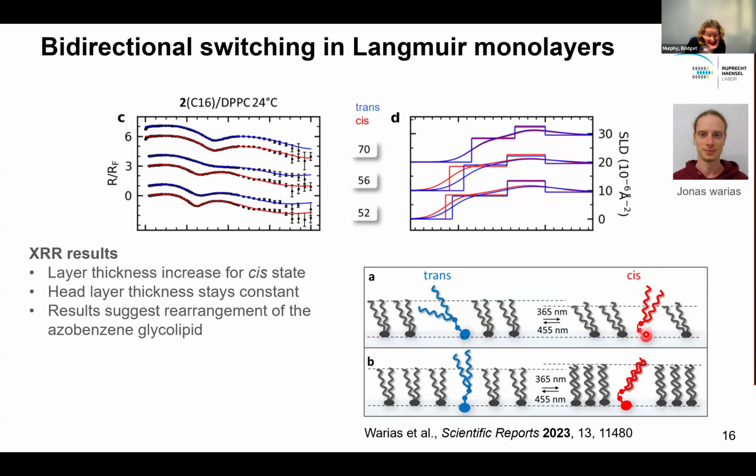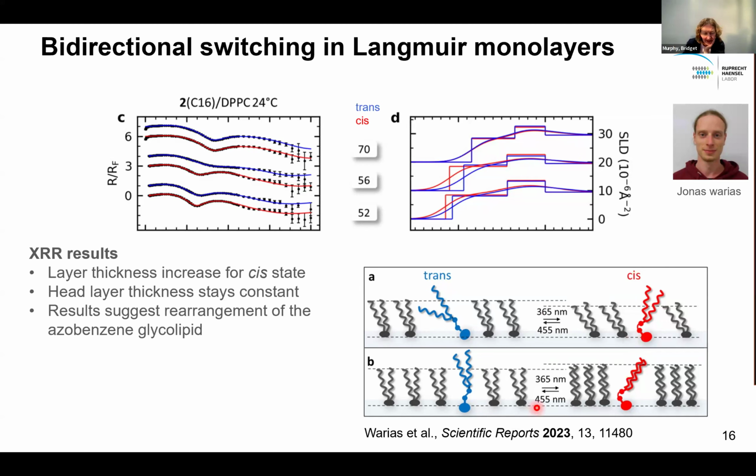Then when we switch it, it moves up, so that the area available for the other molecules in the membrane is increased, and therefore we see a decrease in the surface pressure. On the other hand, as we go to higher compressions, when we switch the molecule, we see the opposite effect, and we get an even more compressive state.